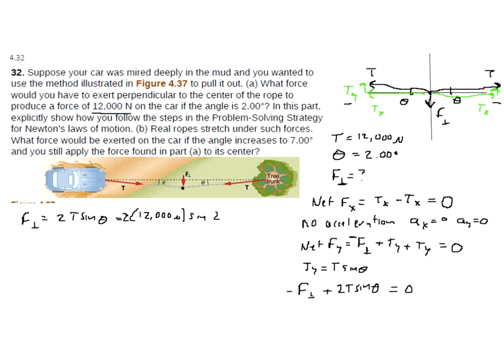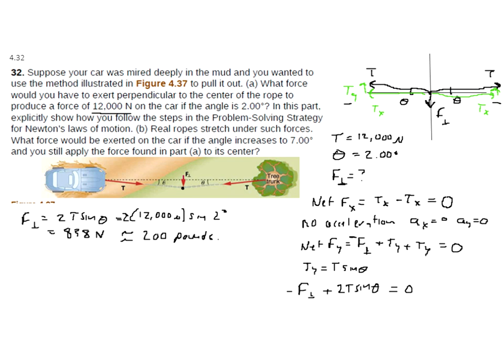Two times 1,200 newtons times the sine of 2 degrees equals 838 newtons. And if we go with our approximation here, I should have done this earlier, 838 divided by roughly 4.5 is about 200 pounds.